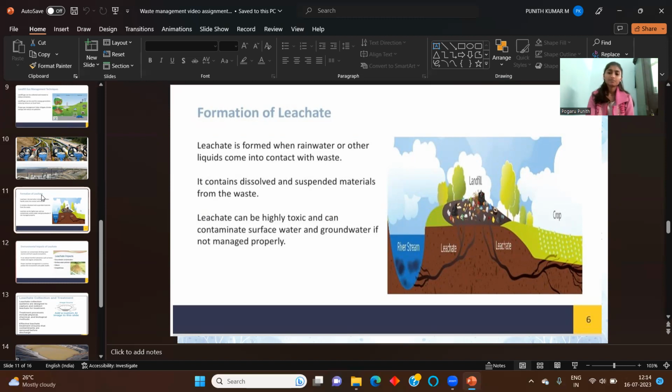It means leachate actually comes from the sanitary landfills. If rainwater combines with the waste which is generated, it produces a very bad odor and also a liquid. That waste liquid is called leachate. So what are the effects caused by the leachates?